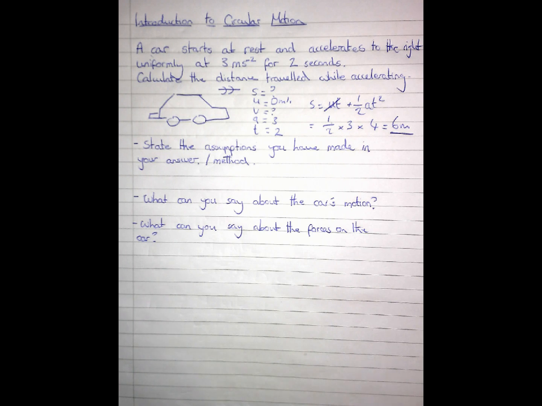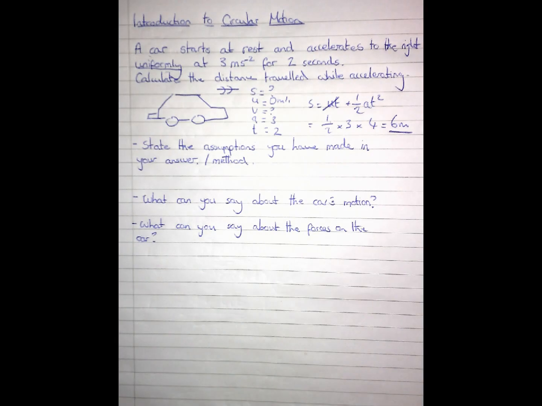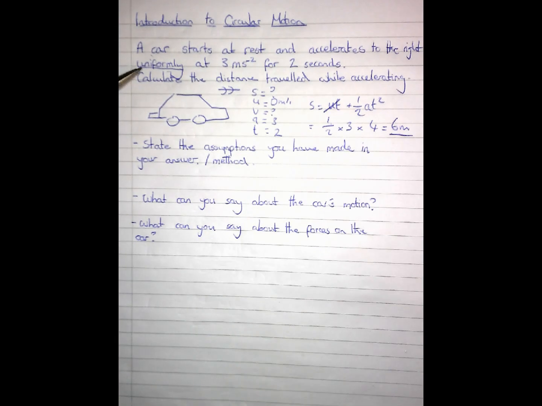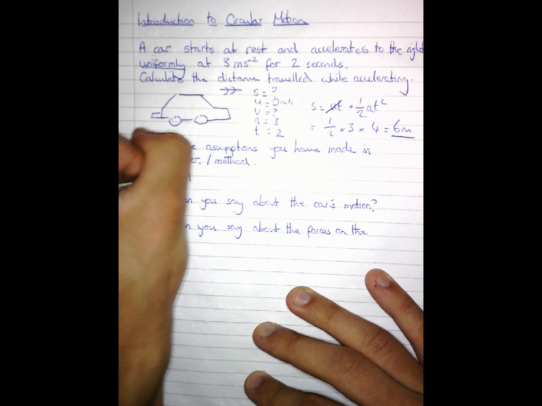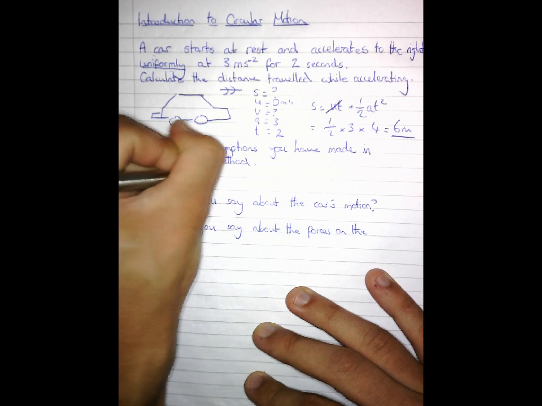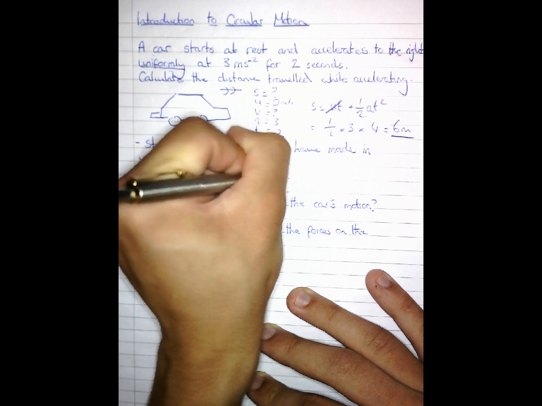Now, I've asked you to state the assumptions that you've made in your answer and method. What's important here, and the key word in the question that gives you a clue to this, is the word uniformly. It's that word which actually allows us to apply this method of SUVAT equations. So in terms of the assumption we've made, we've assumed that the car experiences uniform acceleration.